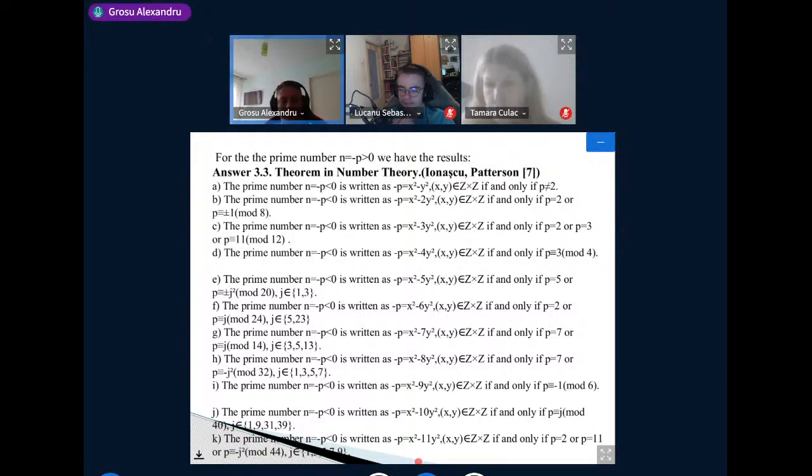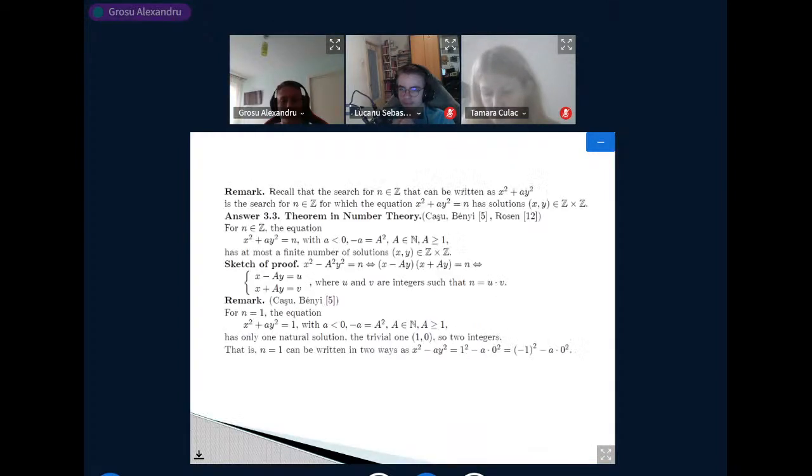And for the other slides, we have the Pell equations studied by Andreescu, and here are the sketches of proofs and what we studied.